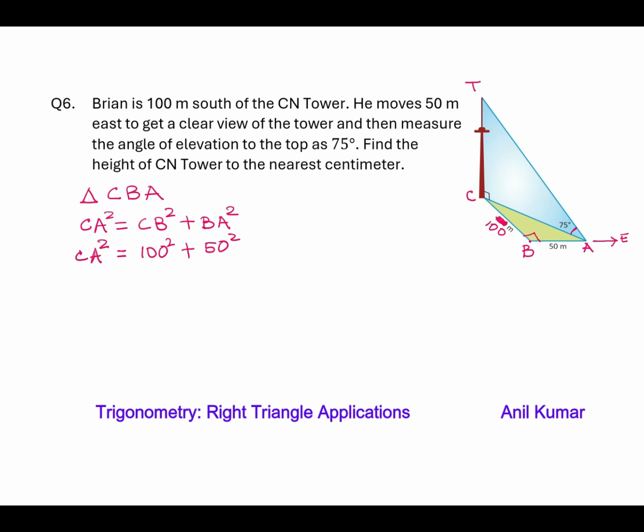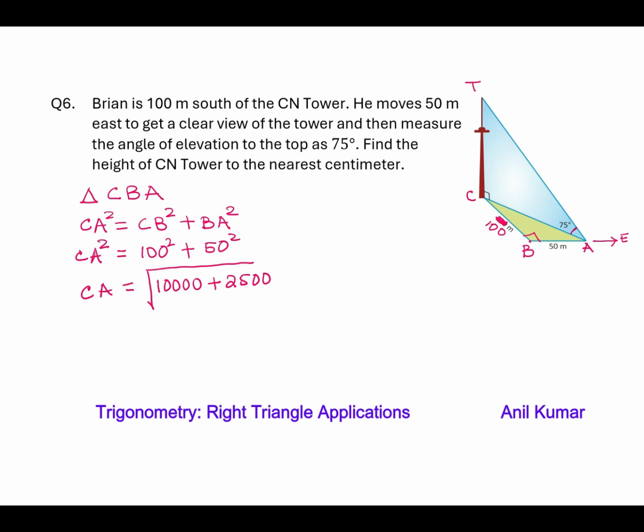So we can now calculate CA, which will be the square root of 100 squared, 4 zeros, plus 50 squared, 25 and 2 zeros. Let's use the calculator to find this value. So we have 100 times 100 plus 2500.